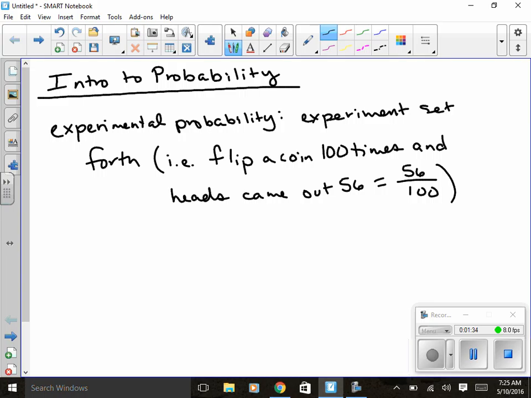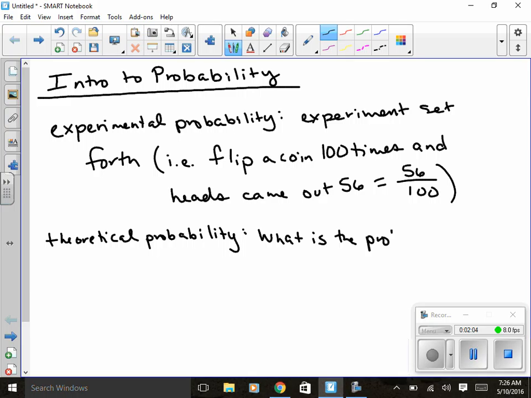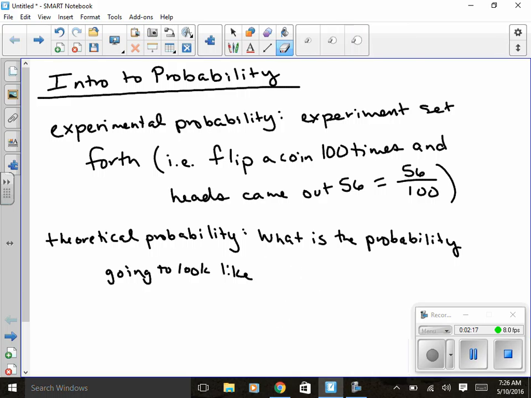Okay, and then we have what's called theoretical probability. Theoretical probability is something where you aren't exactly doing an experiment, but asking what the probability is going to look like before an experiment.